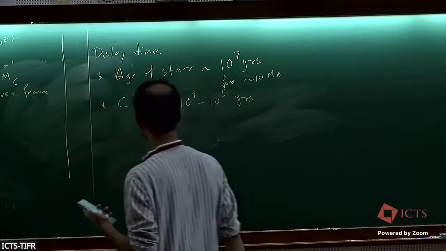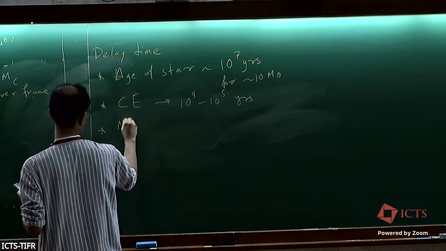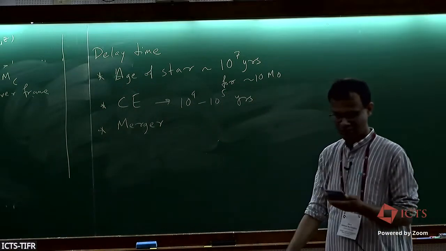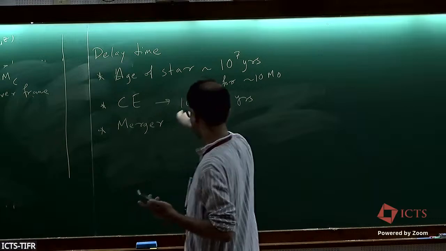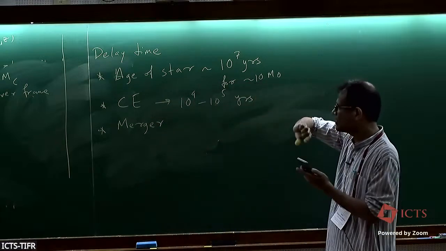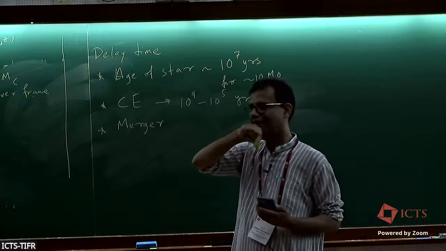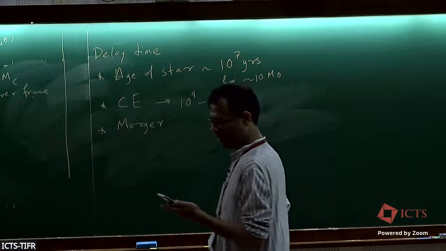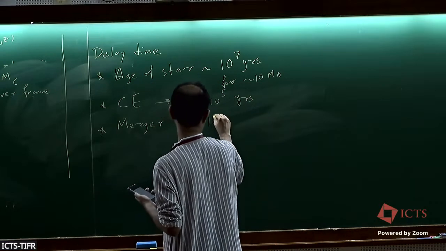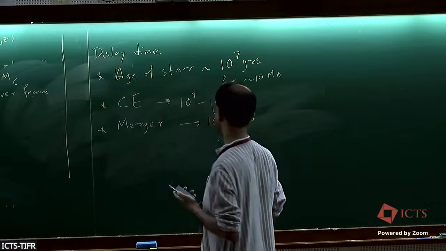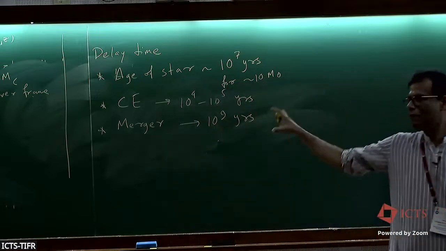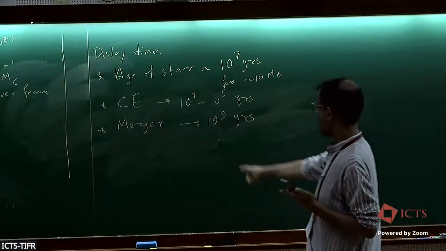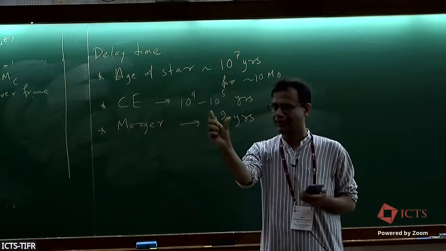The thing is this merger time scale, and this can be quite long. From the formation of this tight binary to actually merging and giving you the gravitational wave event, this can easily be around 10 to the 9 years, a billion years. It depends on the mass of the components, and also how tight the orbit is.